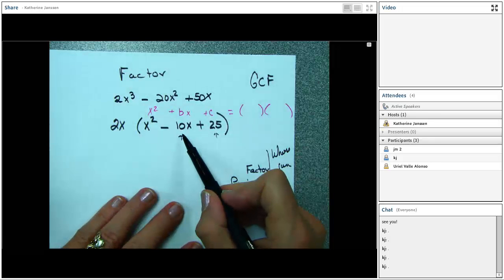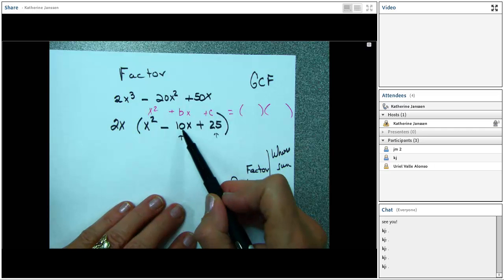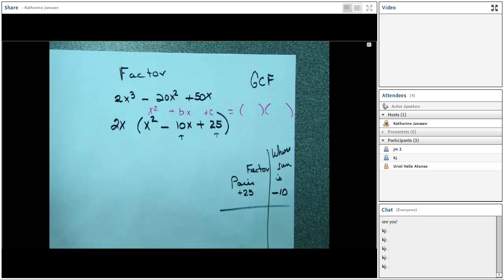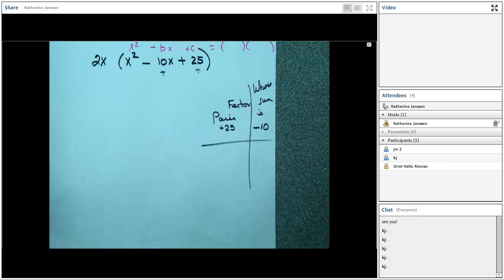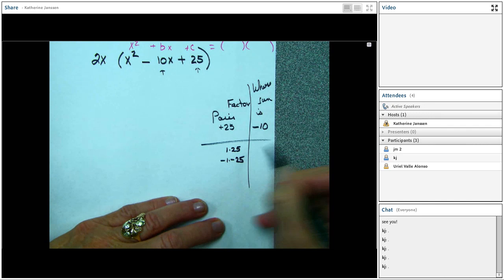Looking carefully, manage your sign. Remember, this is a -10 as a coefficient. So we're looking for factor pairs of positive 25 whose sum is -10. Well, that's 1 times 25, a -1 times a -25.